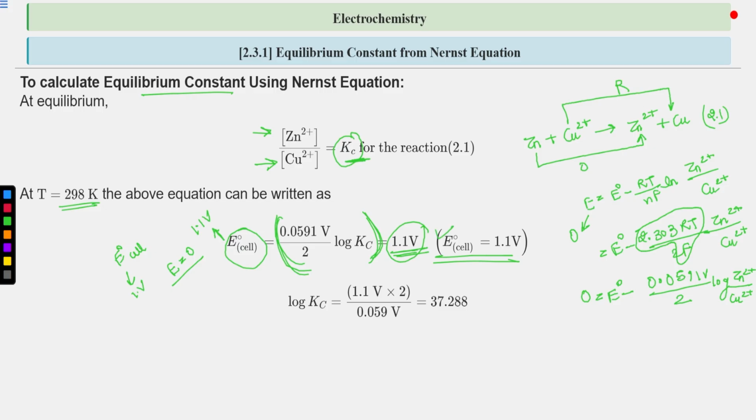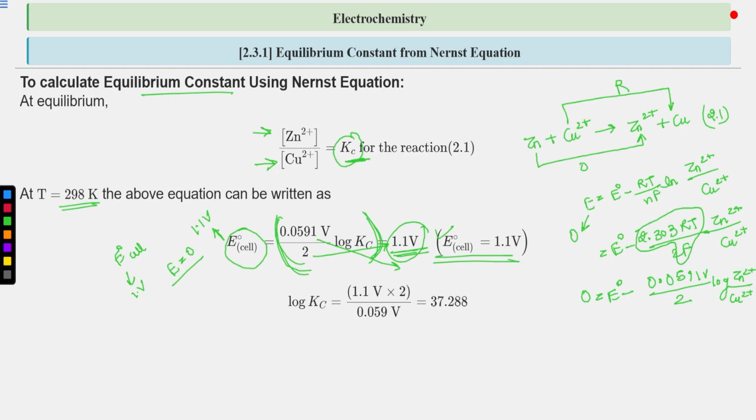Now we just rearrange this. For log Kc, we take the variable at one side and the numbers at the other side. So 1.1 volt, this 2 goes into the multiplication: 1.1 multiplied by 2 divided by 0.059 volt.